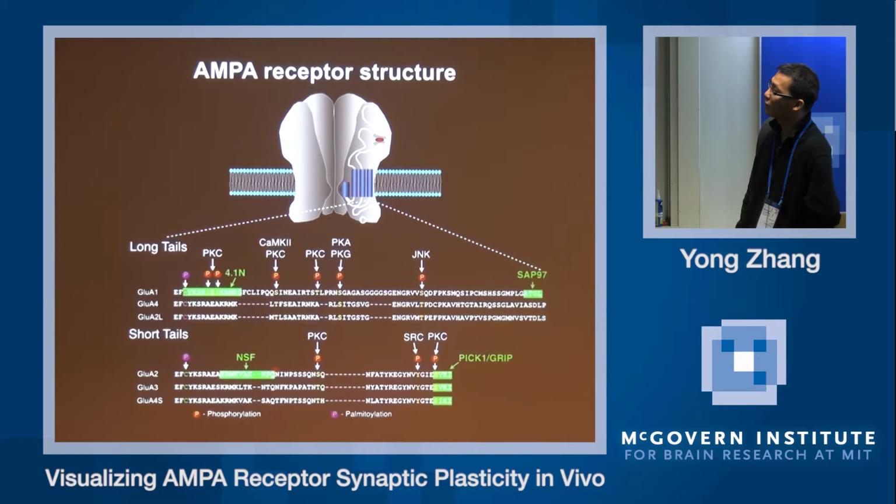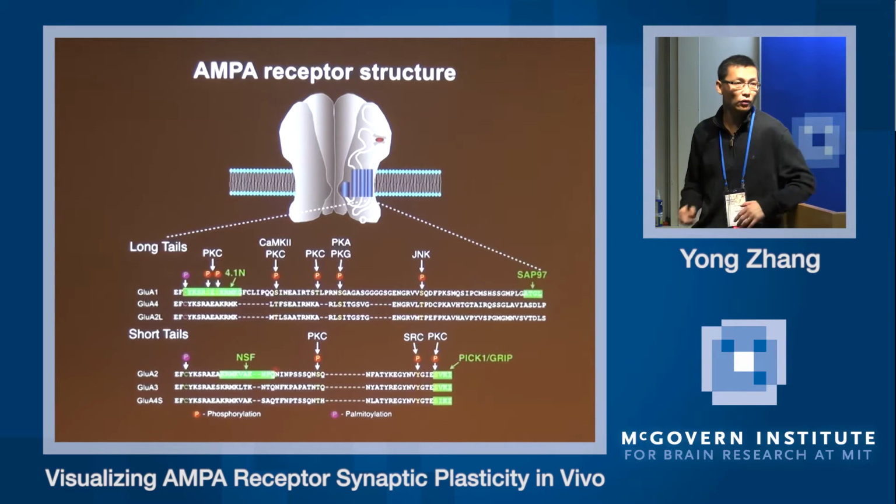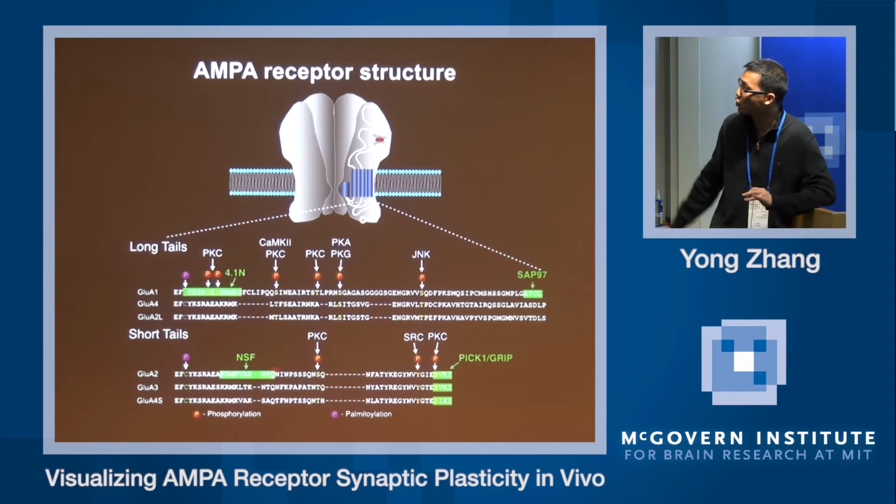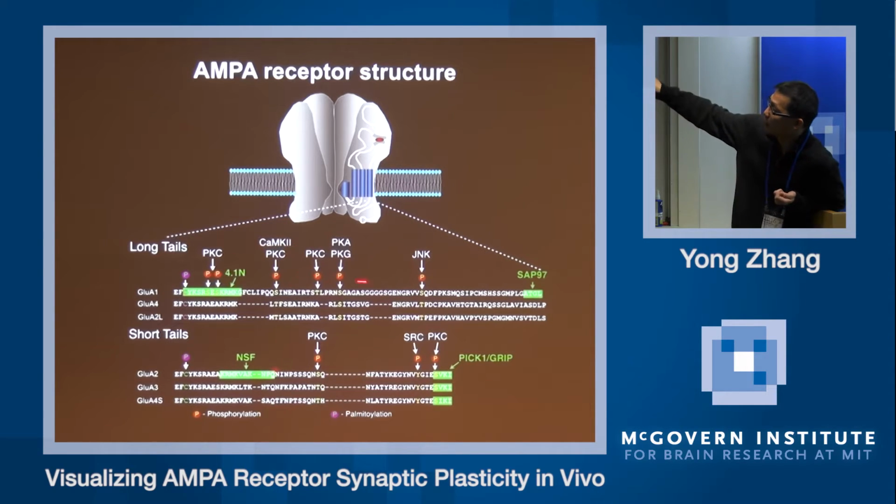Based on their structure at the C-terminal tail, they can be categorized into 2 categories: one is called long tail, the other is called short tail. The tail is really important for AMPA receptor trafficking and function, since it has a lot of protein phosphorylation sites, protein binding sites, and also some interactions with binding partners.